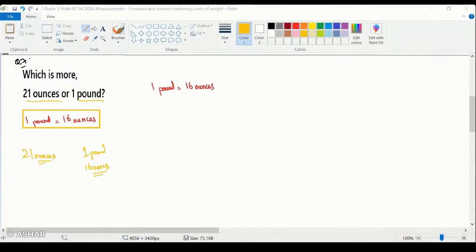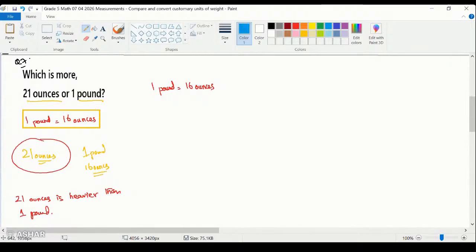When they have the same units, we can say 21 ounces is heavier than 1 pound. Agreed?